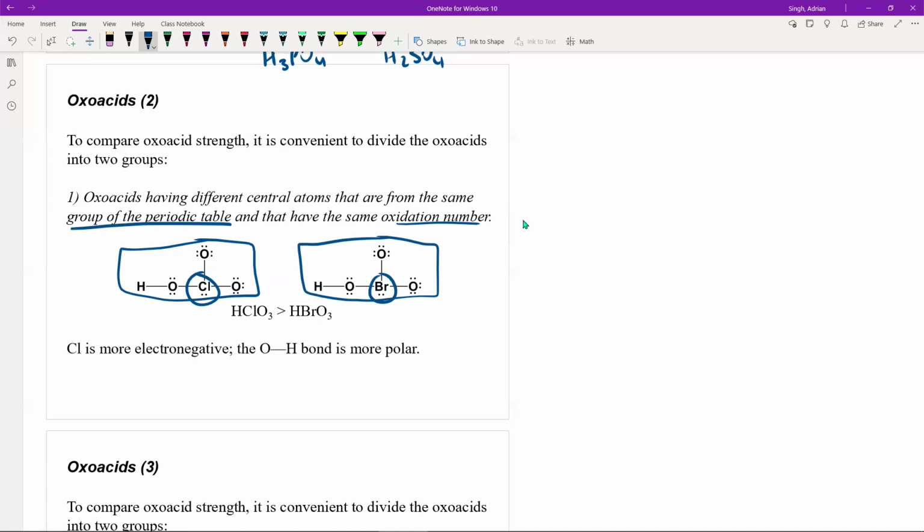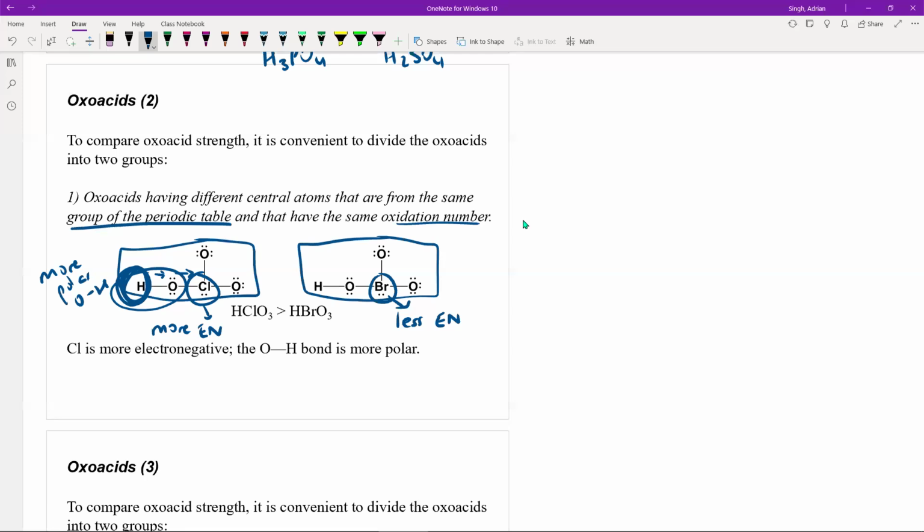The difference between them is the electronegativities, right? So Cl is more electronegative. Chlorine is more electronegative than the Br. It's higher up in a group. Remember, as you go down a group, the elements become less electronegative. So if this chlorine here is more electronegative, what it does is it pulls these shared electrons towards itself. It makes the OH bond more polar. As a result, it's easier to lose or donate that H plus, right?